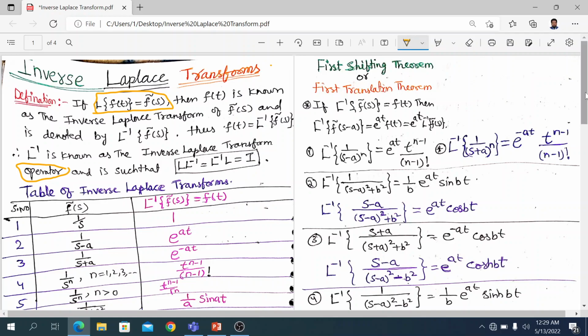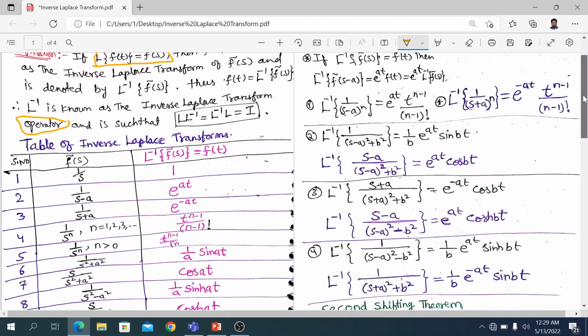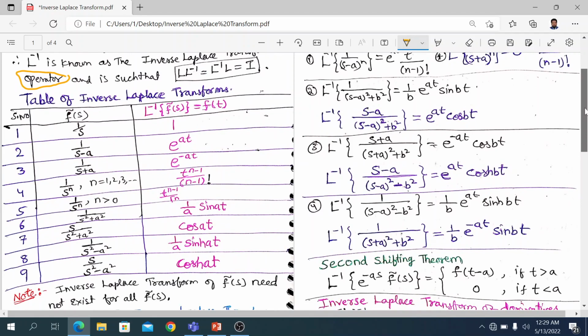Now let us see some formulas. So, the table of inverse Laplace transform. If you know Laplace transform, then inverse Laplace transform is easy to memorize or understand. This is F of s, Laplace of f of t.